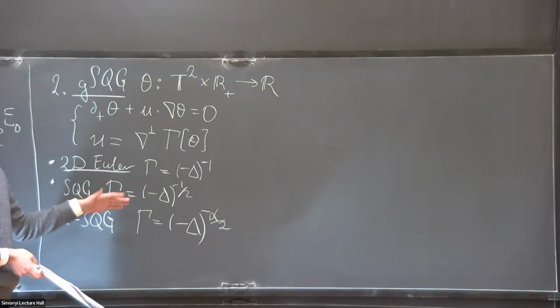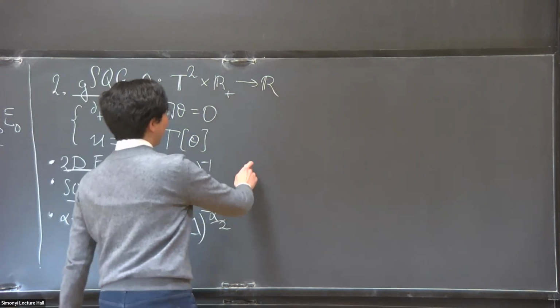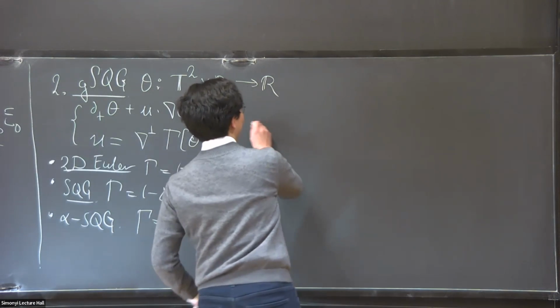These equations are different from 3D Euler, and in some sense they are more different if you want to prove blowup. Anyways, that's not really related to this talk.